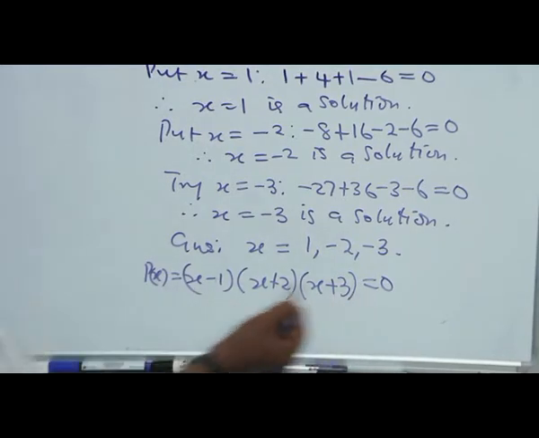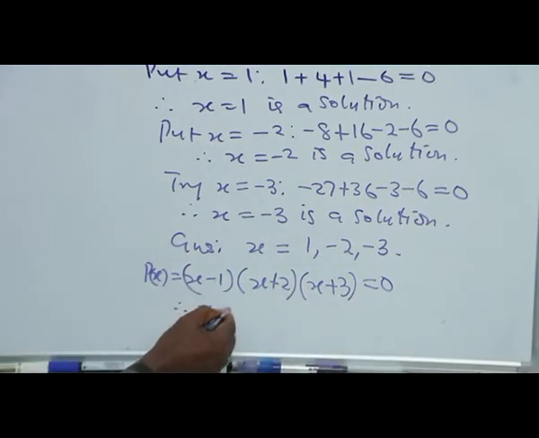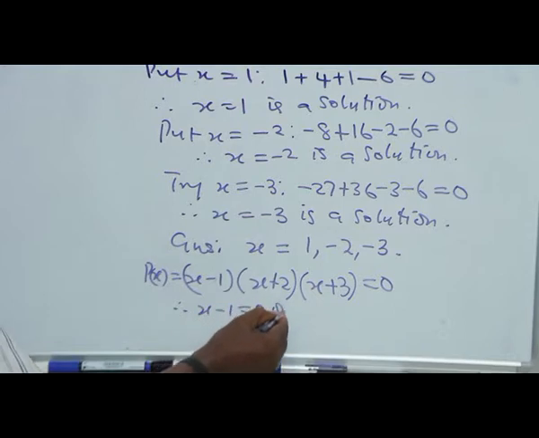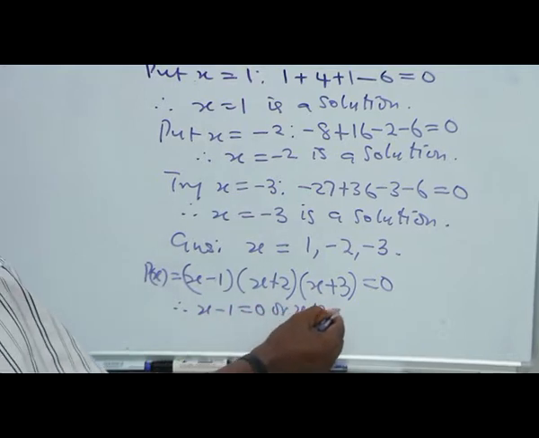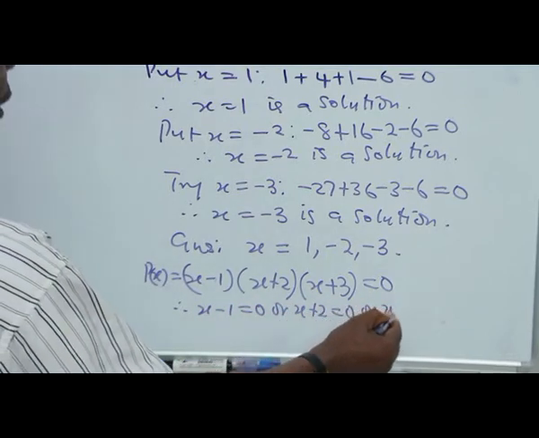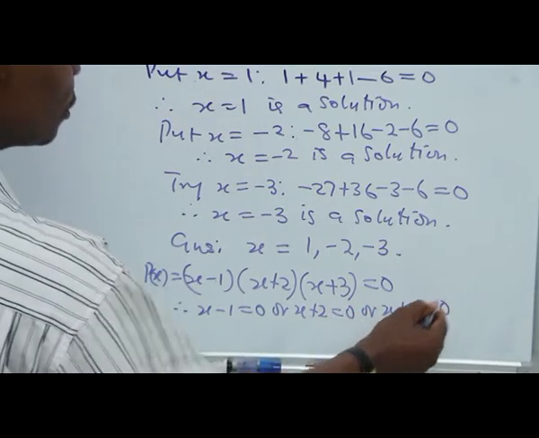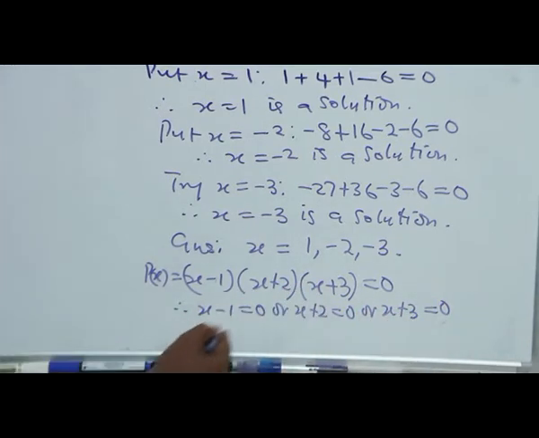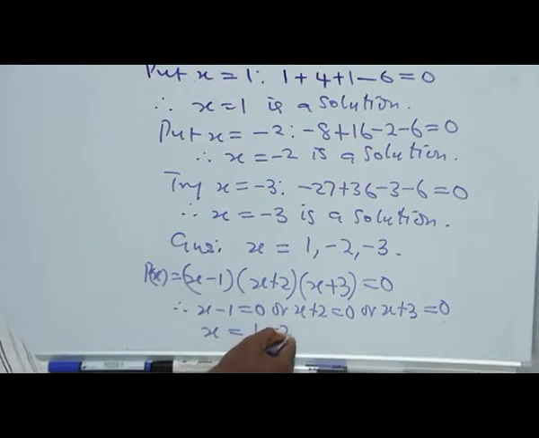So it is from here that you now say therefore s minus 1 is equal to 0 or s plus 2 is equal to 0 or s plus 3 is equal to 0. And when you solve this, you have your s equal to 1 or minus 2 or minus 3.